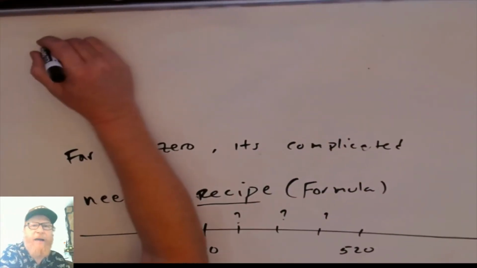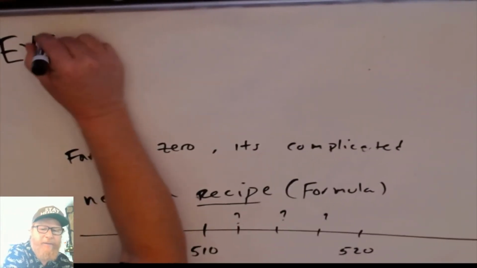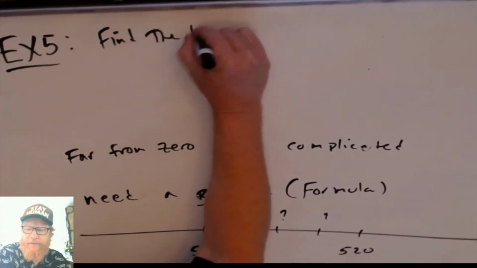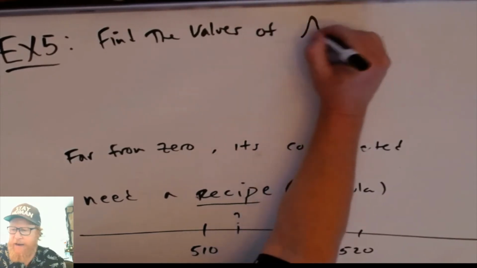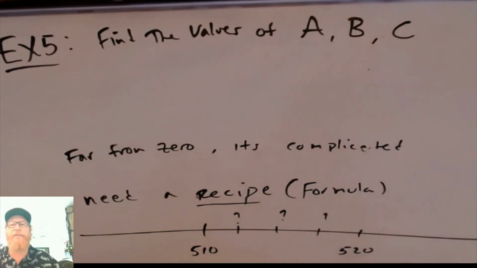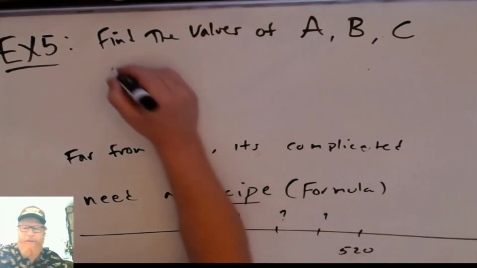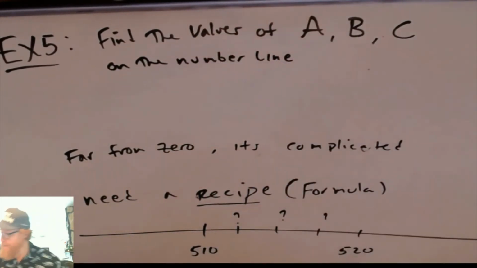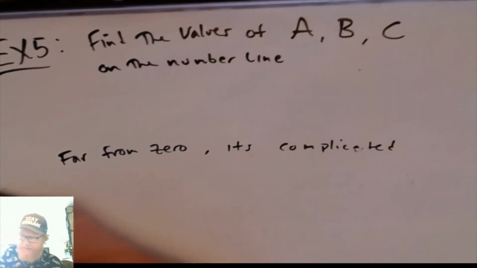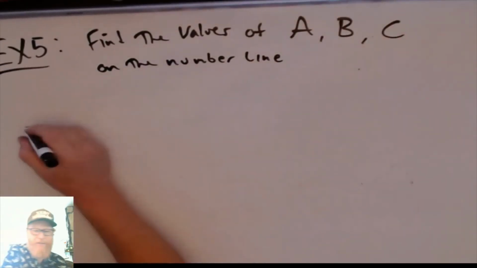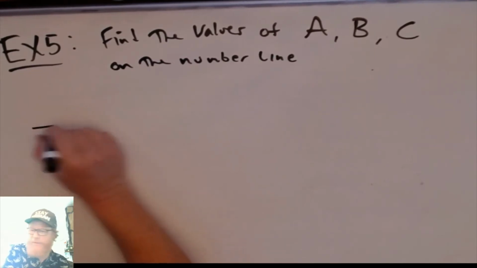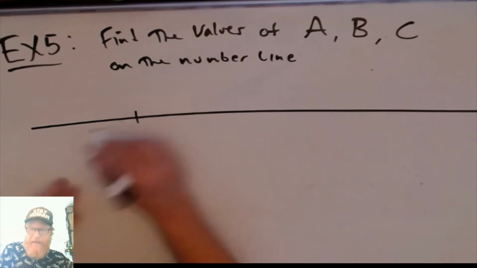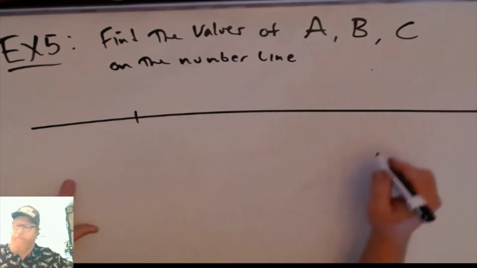So example 5. Find the values of A, B, and C. I'll use some letters on the number line, and I'll be a little bit more precise than that rough sketch. Again, we're really far away from 0, so I won't even mark 0 on here.